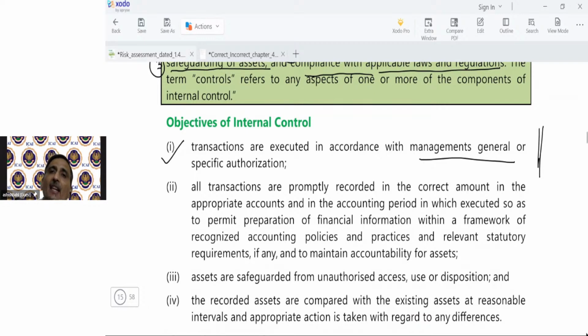Say in case of a bank, we take the example of a bank. You go to the bank for audit. So you ask the bank manager to give you a duty register, rotation register, roster register.